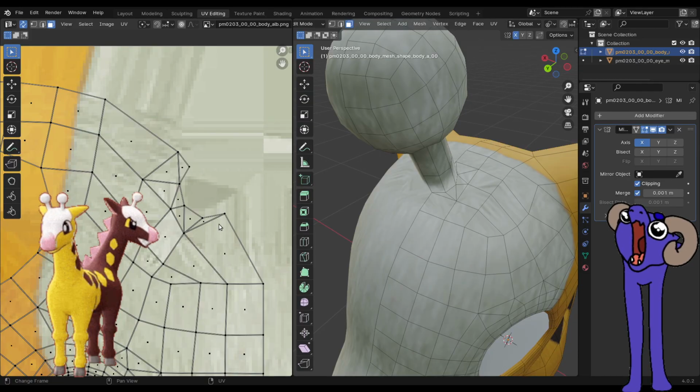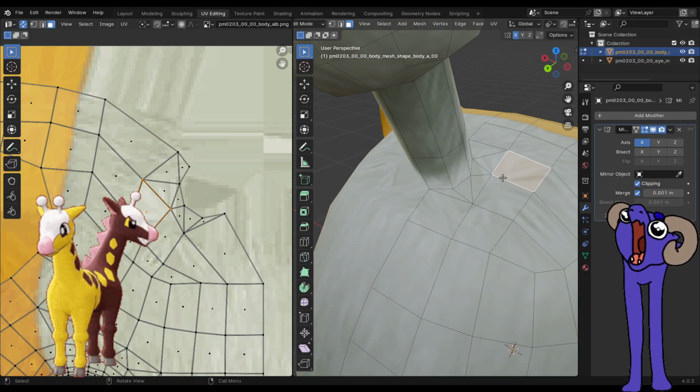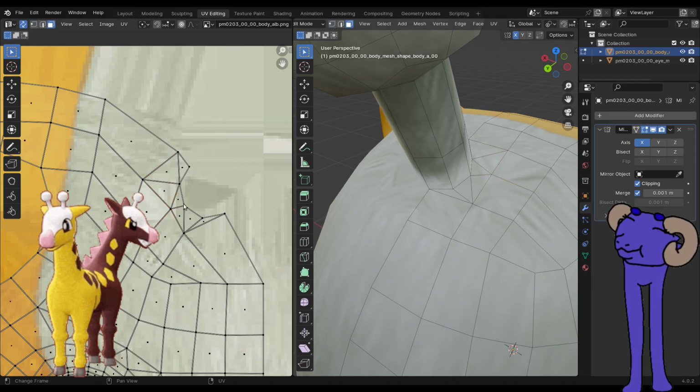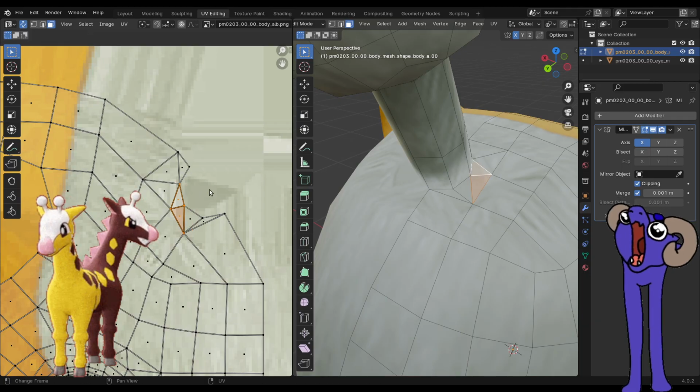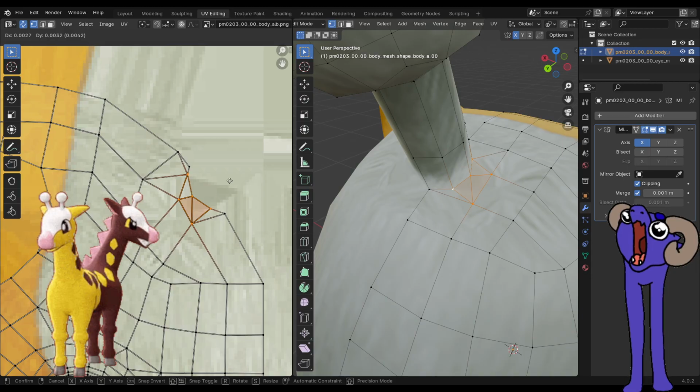That's looking better. We still got like a bit of weirdness happening here, so I think I'll potentially, oh geez, grab these and move them.